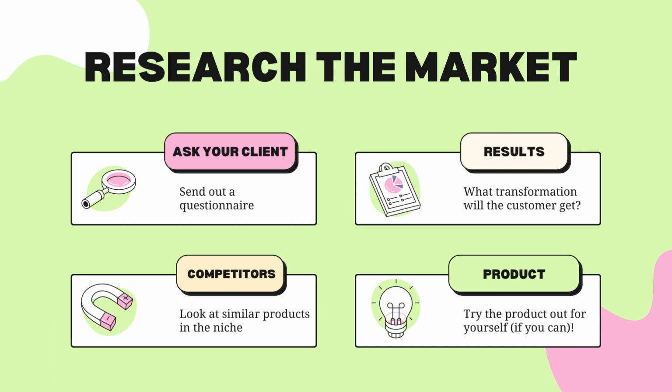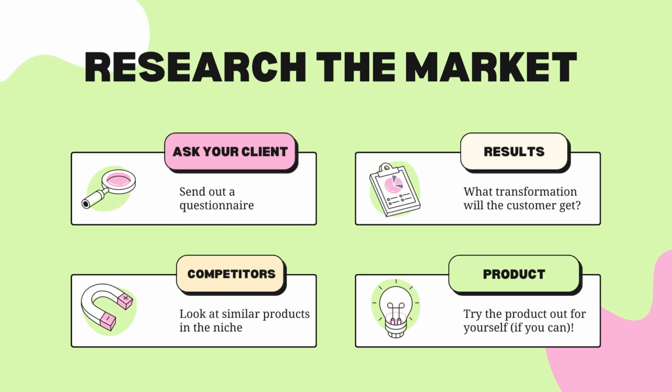So once you've had a look at the competitors, you want to get really clear on what the result or the transformation is. So if the customer purchases your client's product, what tangible results are they going to get? Now, this can be difficult if you're working with certain types of clients that deliver less tangible results.